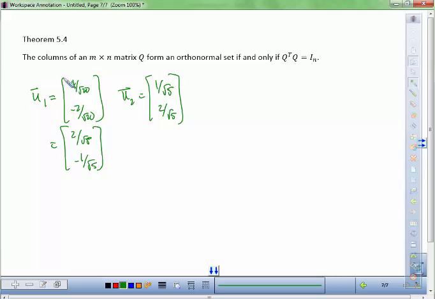So let's double check. We know that this is an orthonormal set, right? So let's let Q equal, and let's make this into our column vectors: 2 over root 5, negative 1 over root 5, and then 1 over root 5, and 2 over root 5.